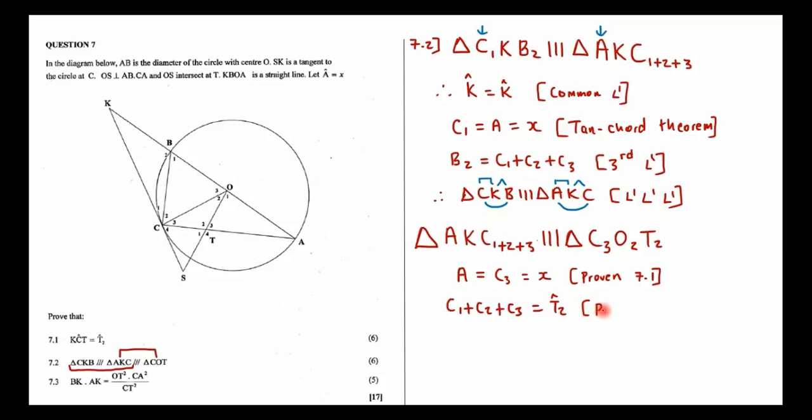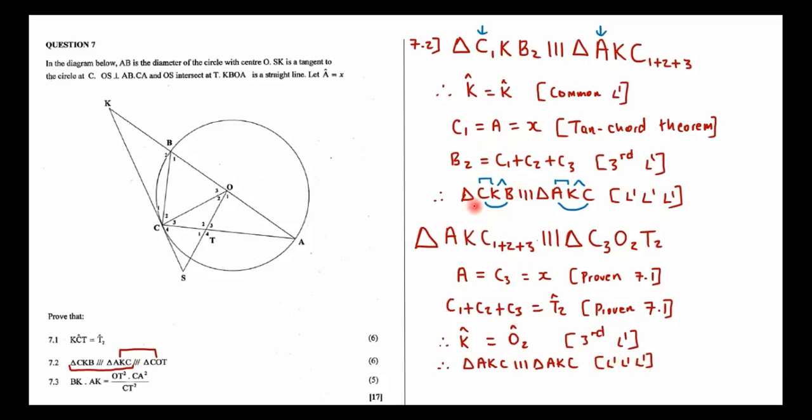This was also proven, right, in 7.1. And then now, because we are proving two angles, this means angle K is equal to O2, right, which is the third angle. And therefore triangle AKC is similar to triangle COT. Okay, so the reason for this is of course angle, angle, angle, right?